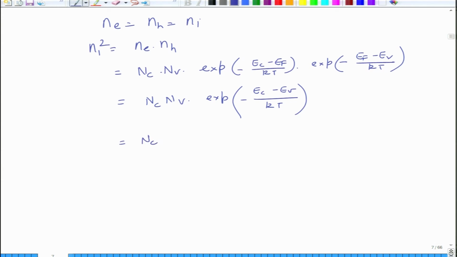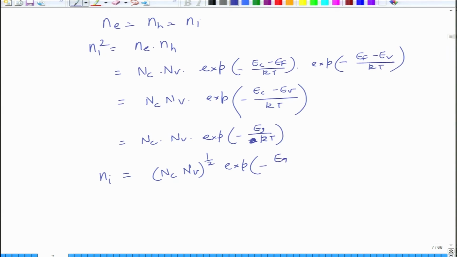So this becomes equal to Nc into Nv exponential of minus Eg divided by kT. So Ni is Nc Nv to the power half exponential of, the 2 will come here, minus Eg divided by 2kT.